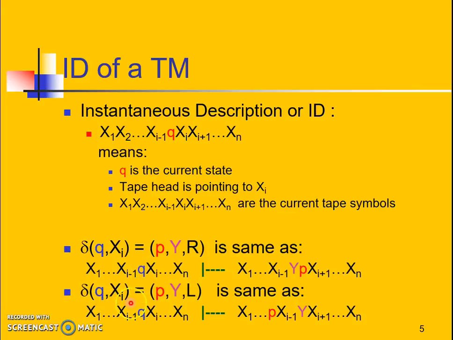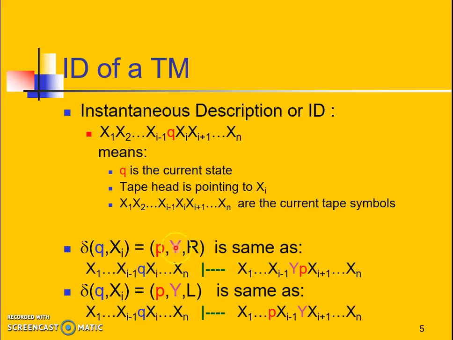And δ(q, xi) = (p, Y, L) means that x1 x2 ... xi-1 q xi xi+1 ... xn moves to x1 x2 ... p xi-1 Y xi+1 ... xn.